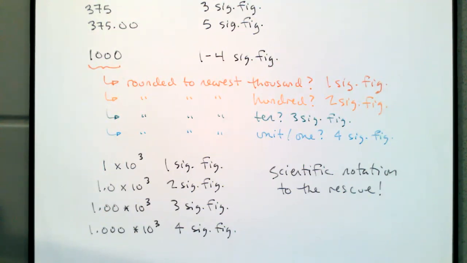So if you're not told to round to a particular place, and you're just told to use significant figures, then whatever number in your calculation has the least number of significant figures, you would use that number for your final answer.